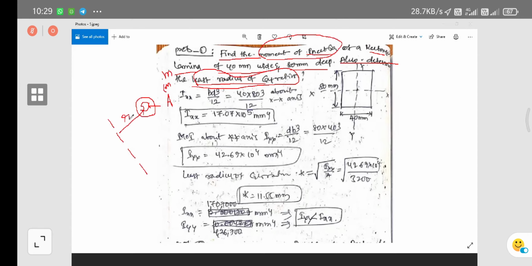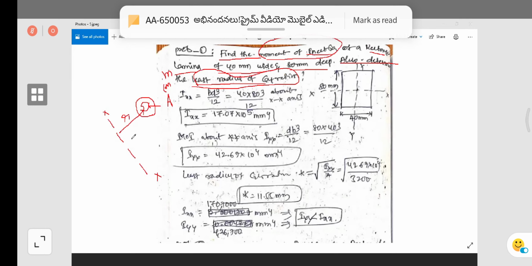I will assume that radial distance as small. It makes some radial axis, x or y, any reference axis you take. If you rotate about this particular axis, how much moment of inertia is going to be created?